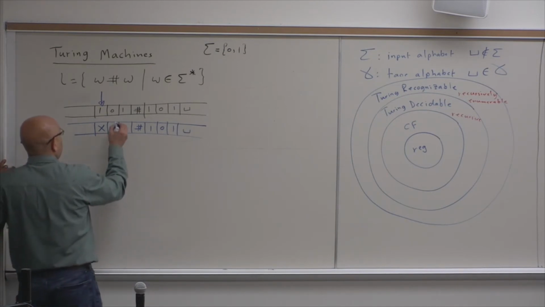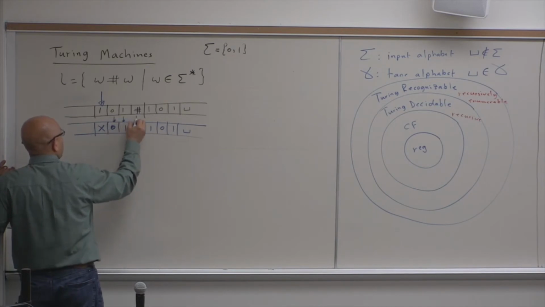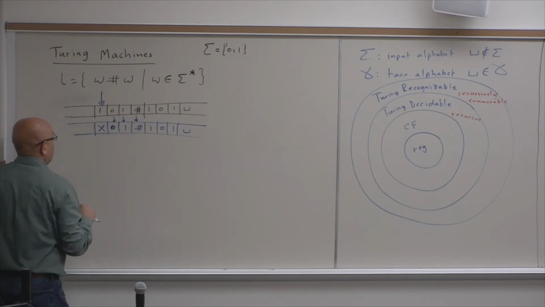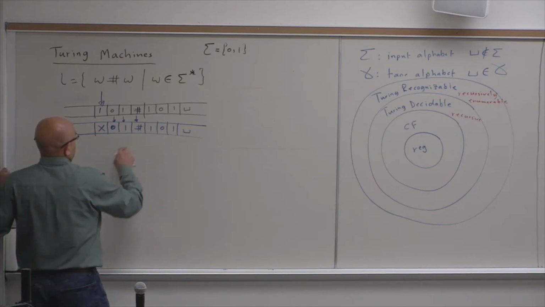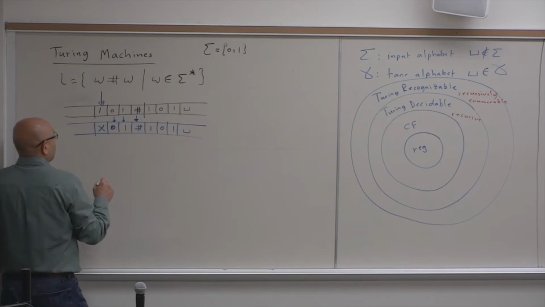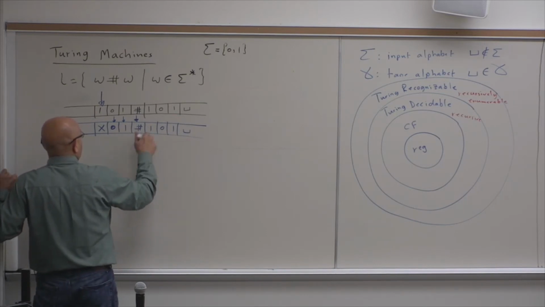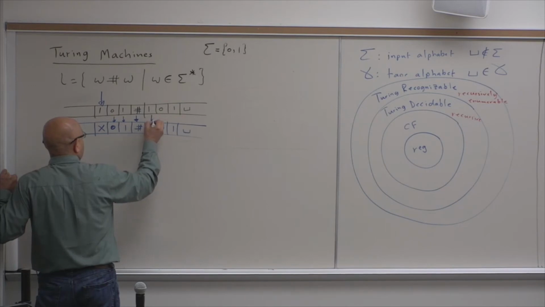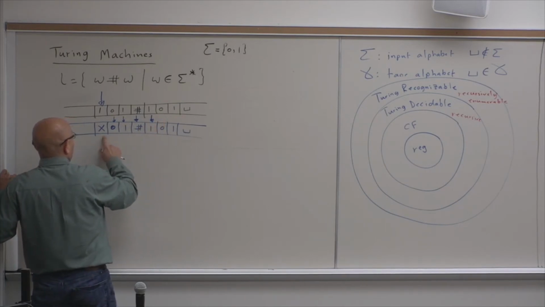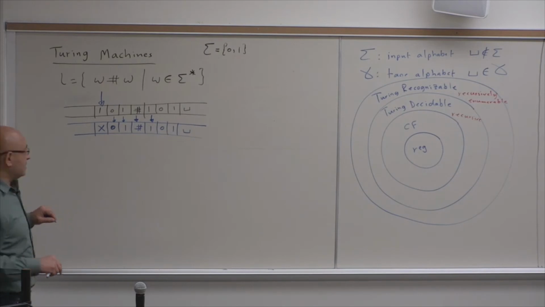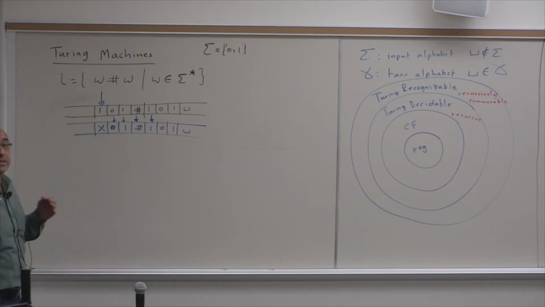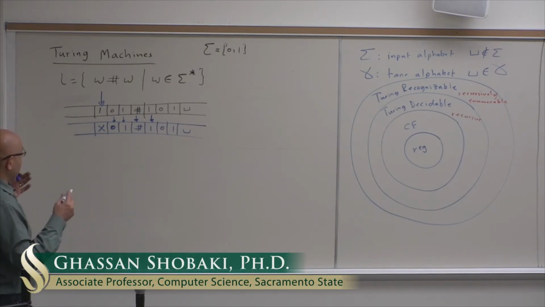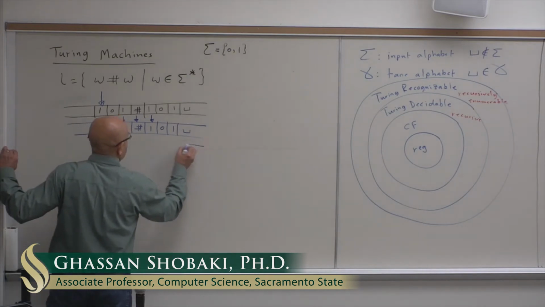Then the head goes right until it finds the pound sign, the symbol that separates the two parts of this string. Then it checks the first symbol after this. Is it equal to the symbol that we have crossed? If it's equal, then the test passes, and the string so far satisfies the property of the language.